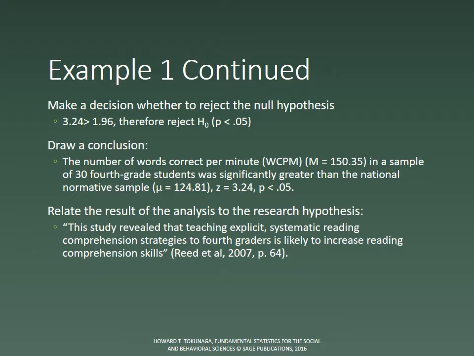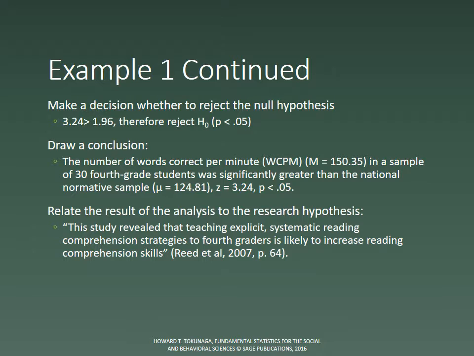If we are rejecting a null hypothesis, we are always going to be saying that there is a significant difference. In this case, we could say that it's significantly greater because it fell on the positive end. If it was a negative 3.24, we would say it's significantly lower.